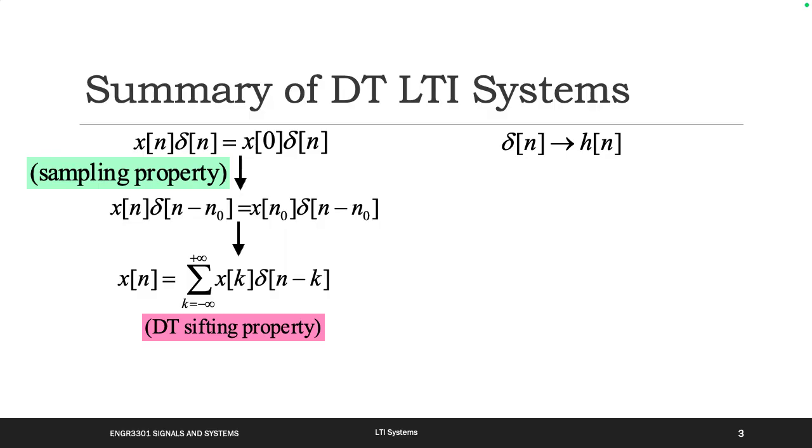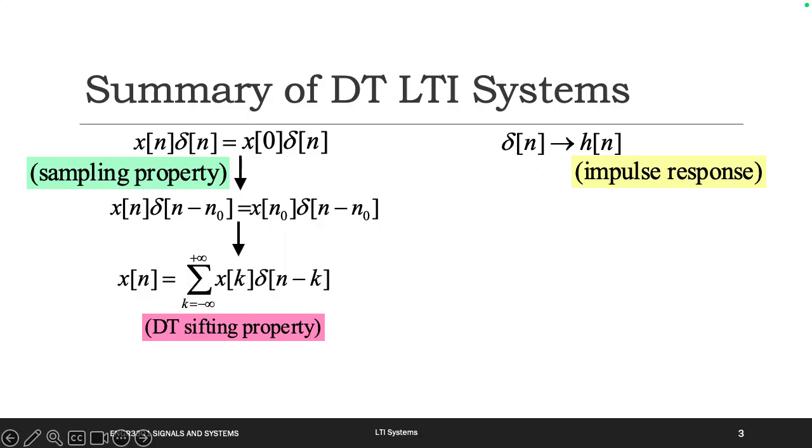Then we mention a very important concept. What's the name for delta[n]? The impulse function, am I right? So what is h[n]? Impulse response. h[n] is just what comes out when delta[n] goes through a system, the output, so we call it the impulse response.